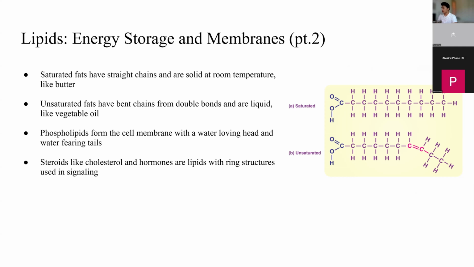You do not have to remember this, but steroids do include cholesterol and different kinds of hormones. And in the case of bodybuilding, the steroids we're referring to are artificially crafted hormones that are then introduced to the body.